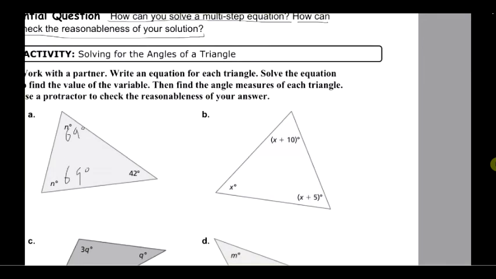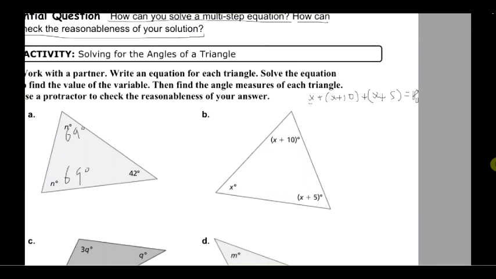Triangle B is going to be similar. We add up all of the angles, so x plus 10 plus x plus 5 equals 180. Let's combine all of our like terms.